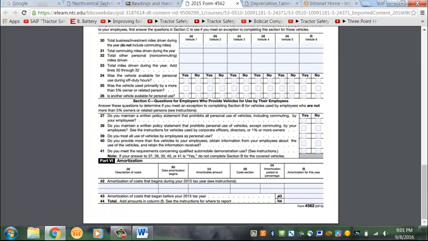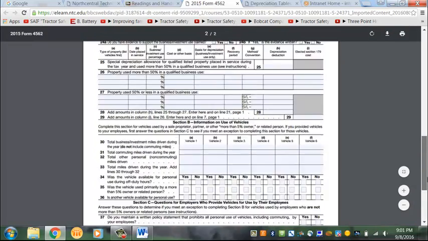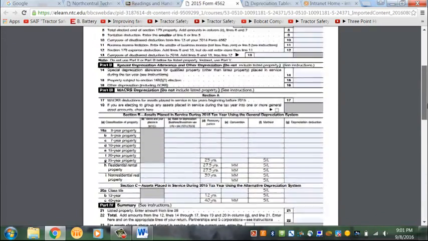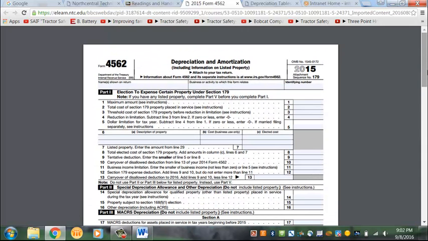But another thing that you may run into would be software. If you buy software and it only has a useful life of 3 years, it gets amortized rather than depreciated and then gets put down in this section. So that's a really quick overview of the Form 4562 for the assets that are depreciated.